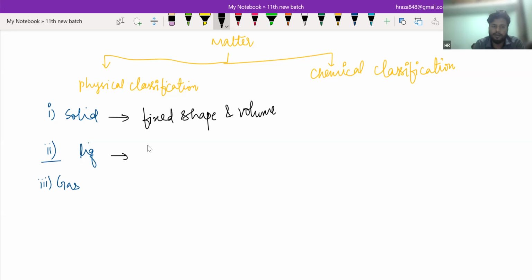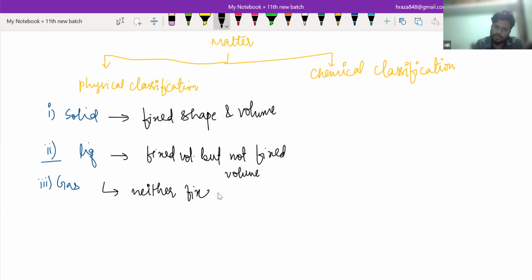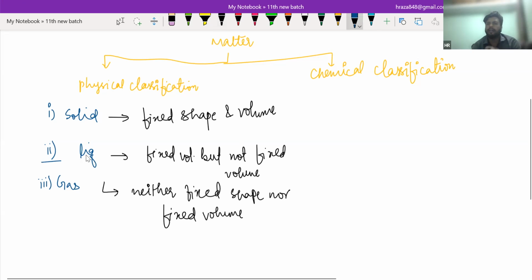Liquid is defined by fixed volume but not fixed shape. I will give examples of all of this. And what about gas? Neither fixed volume nor fixed shape. You cannot change the shape of a solid unless you apply some external force. Solid has fixed shape and volume.